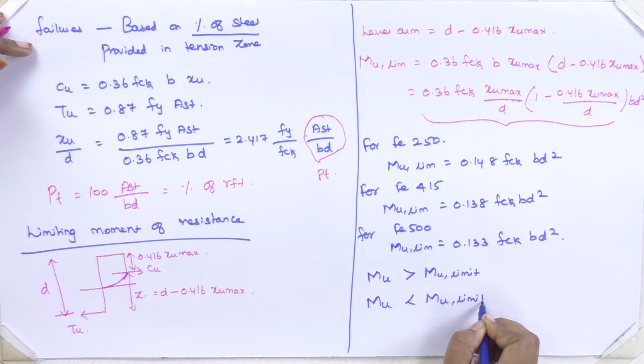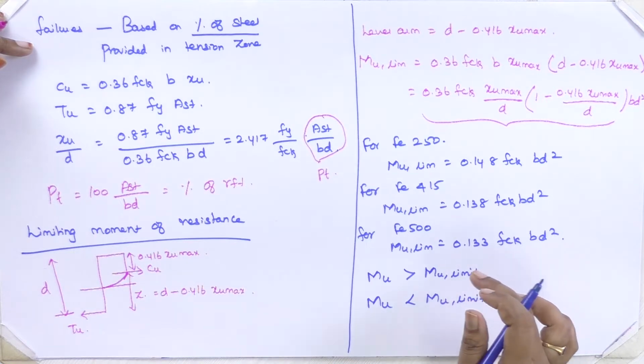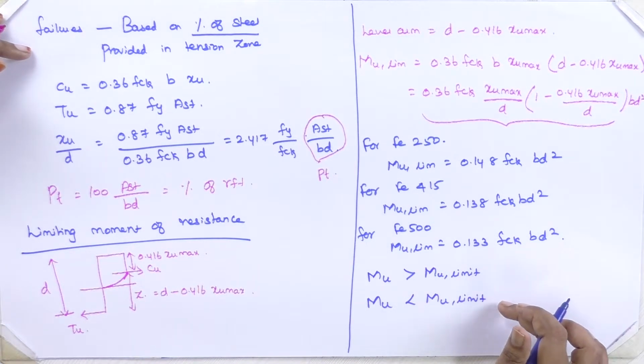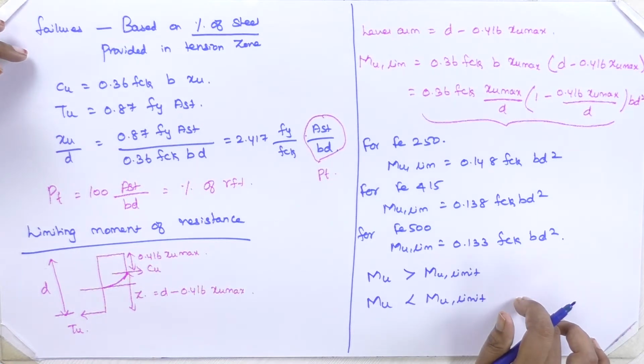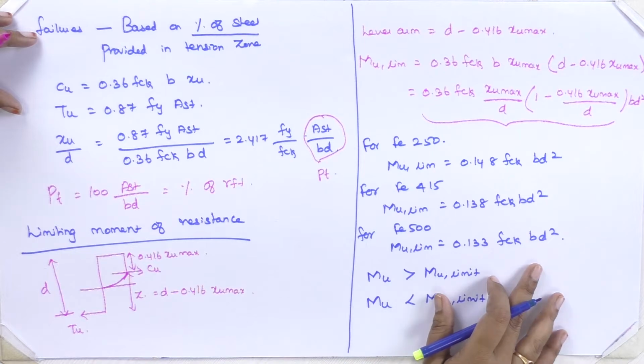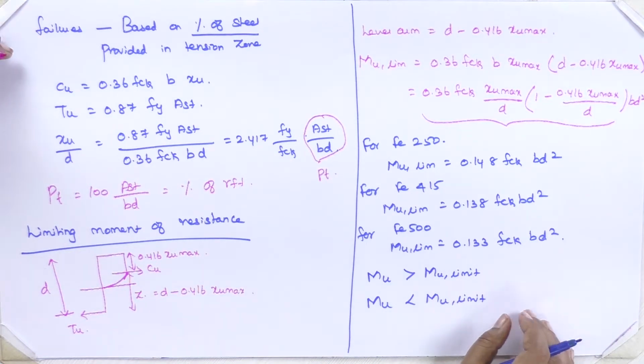You are checking the failure condition, whether it undergoes failure as an under reinforced section or an over reinforced section. These are some of the criteria you need to follow for the design of your sections.